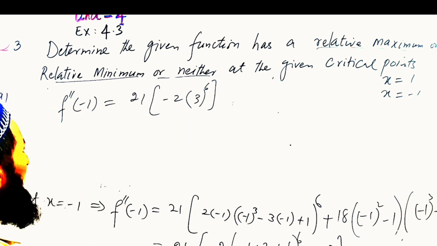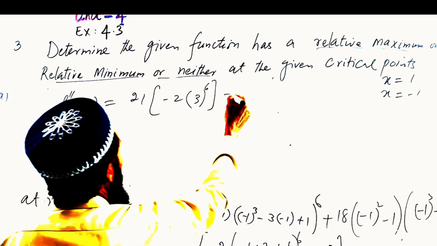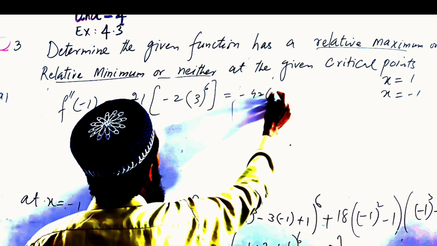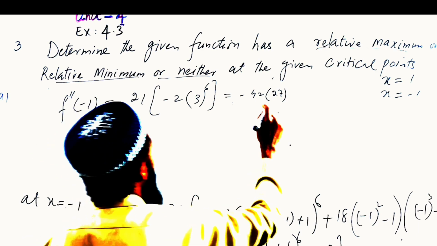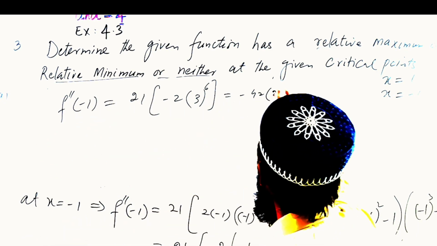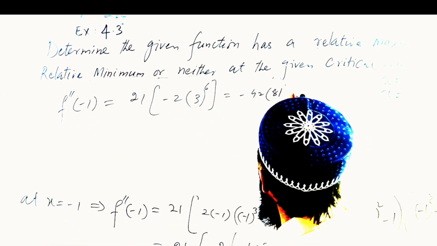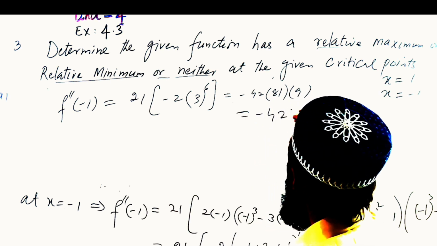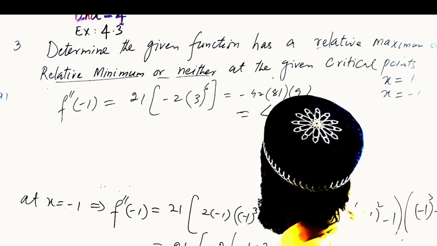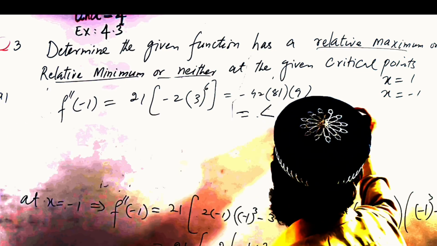So the result is minus 42 into 3 power 6, which is 27 multiplied by 3, 81 multiplied by 9, we get here minus 42. So this is less than 0.